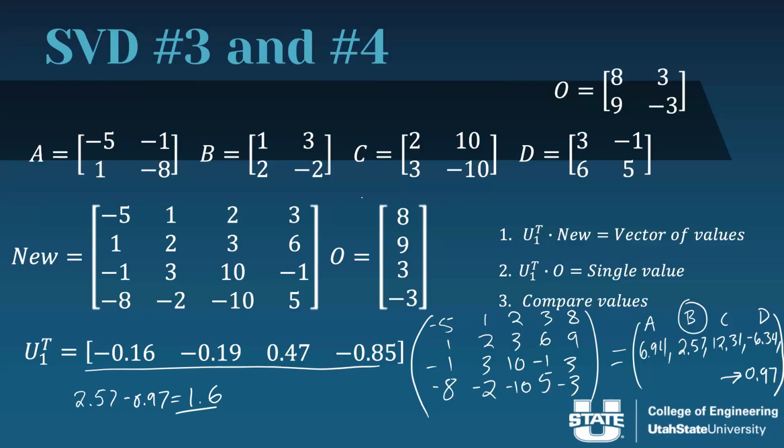So basically make column vectors and put them all together in one matrix. Then we multiply this new matrix by U transpose, and that spits out scalar numbers.